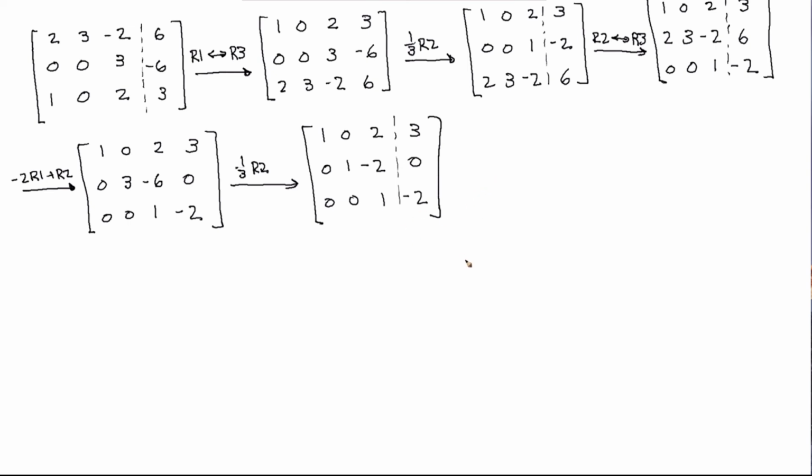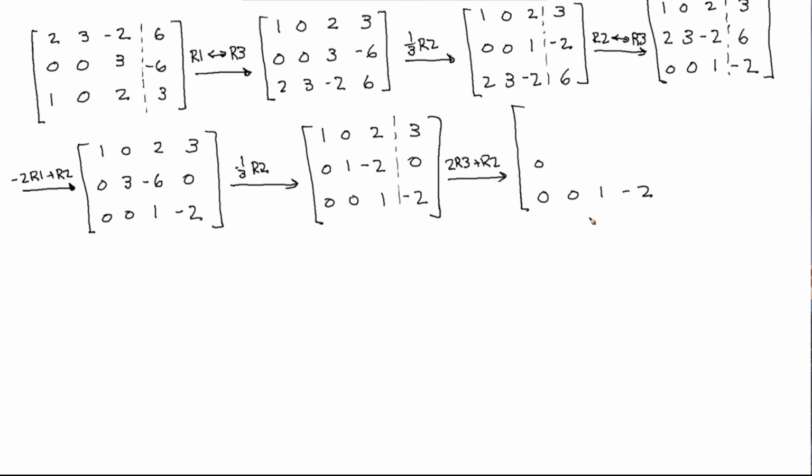So then I can just eliminate above. So 2 times row 3 plus row 2. 2 times this row would give me a 2 there, and then I'm going to add it to that. 2 plus minus 2.